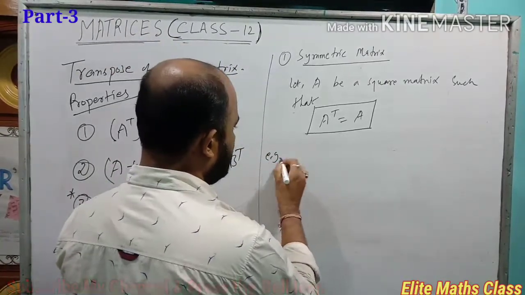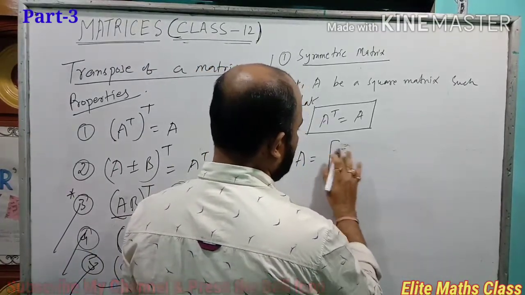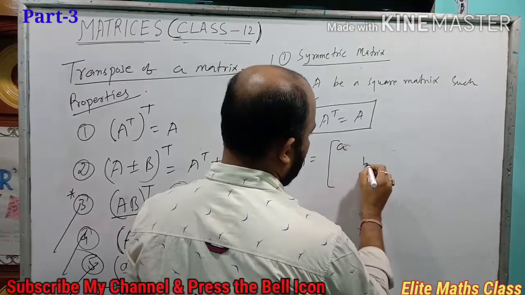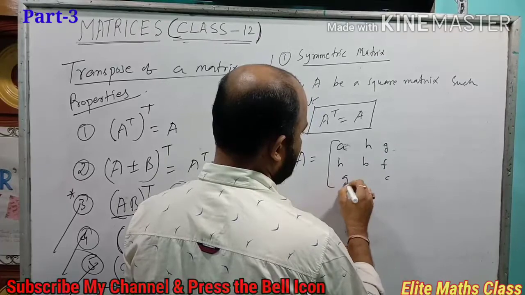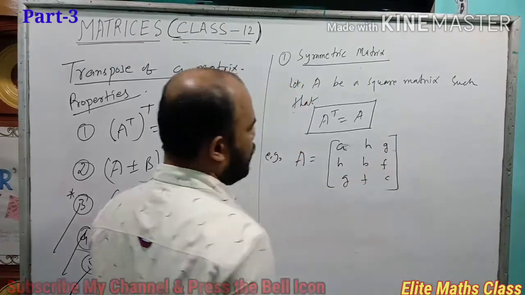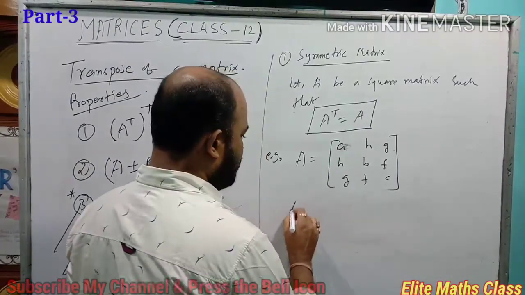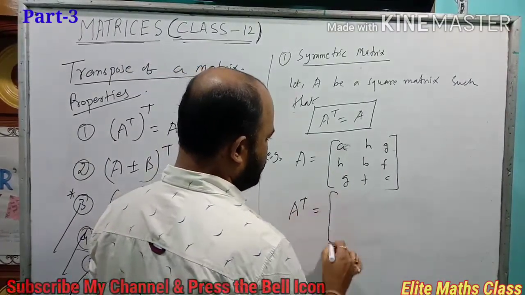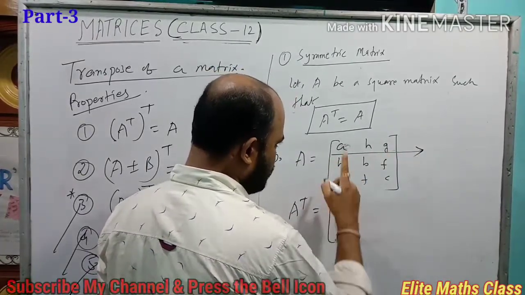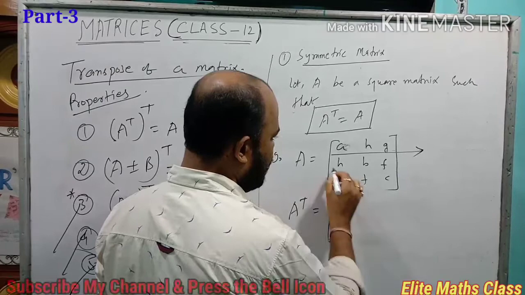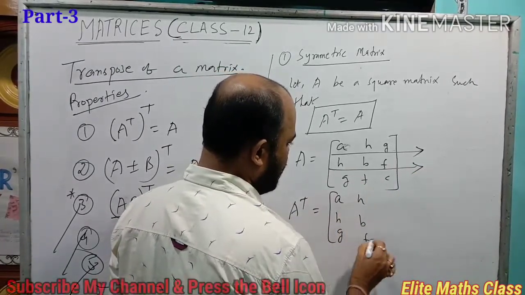For example, let A equal to [a, h, g; h, b, f; g, f, c]. This is a particular and important one. This is the given matrix. Now let us take the transpose. So what will be A transpose? This one is the first row. Now we write this row as a column: a, h, g. This one is the second row. You write this as the second column: h, b, f.